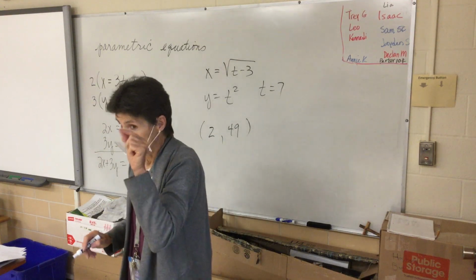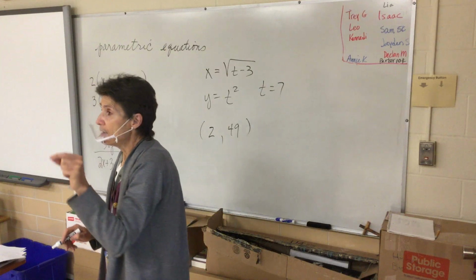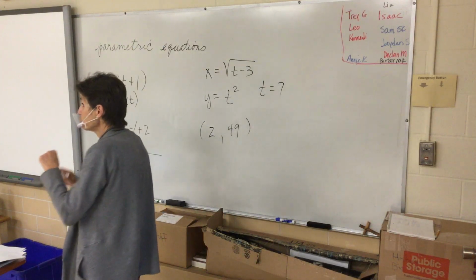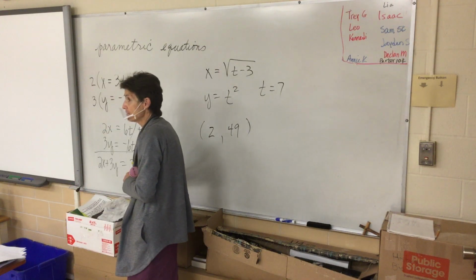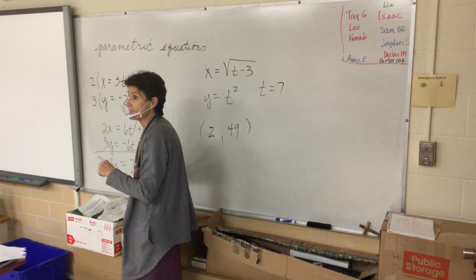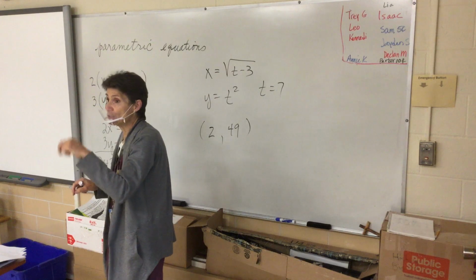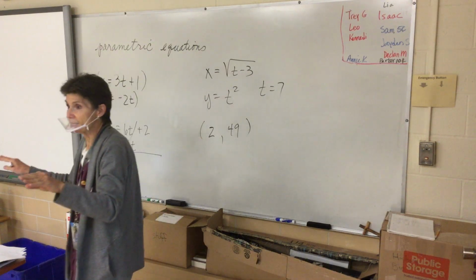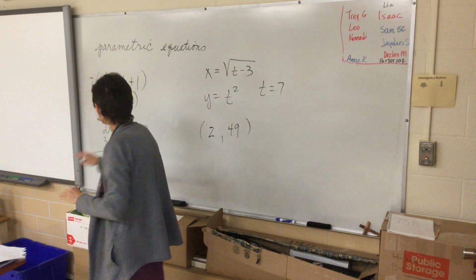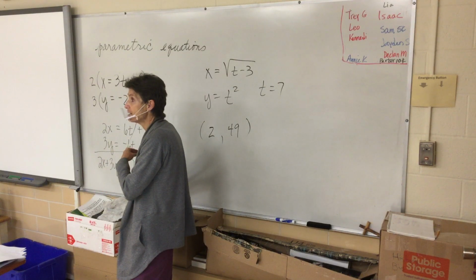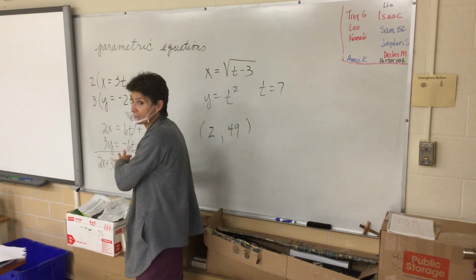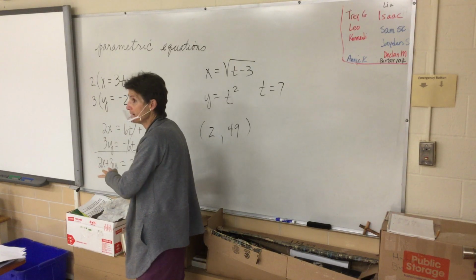Now, the directions said, find a relationship between x and y, period. There it is. There's the answer to the question. All you have to do is get rid of the t's. Now how you do that's up to you. This is elimination. I'm going to show you another option here in a second. But this is easy for a lot of people, just straight elimination.